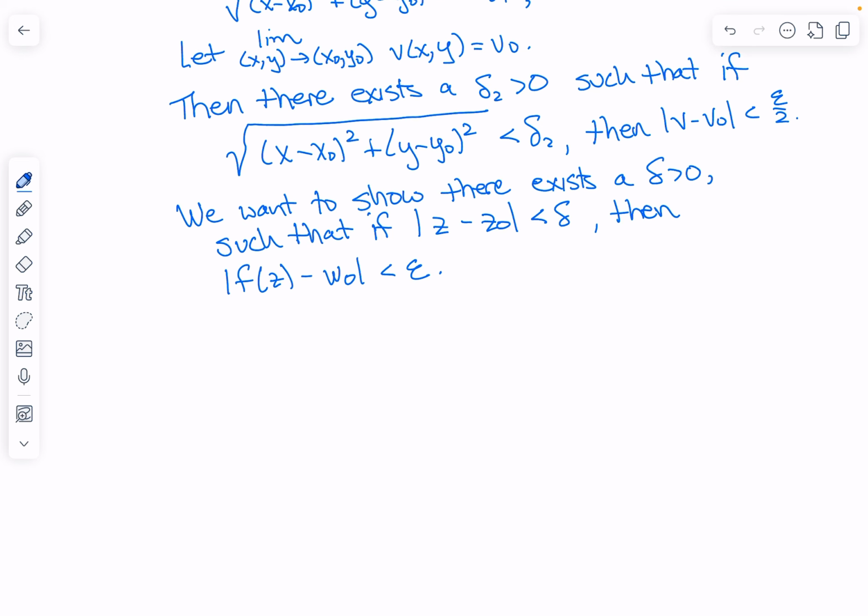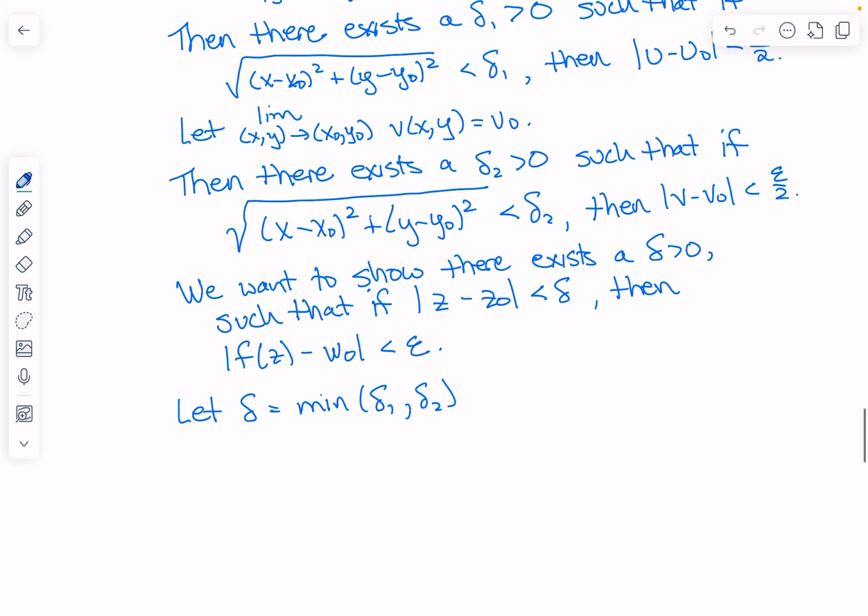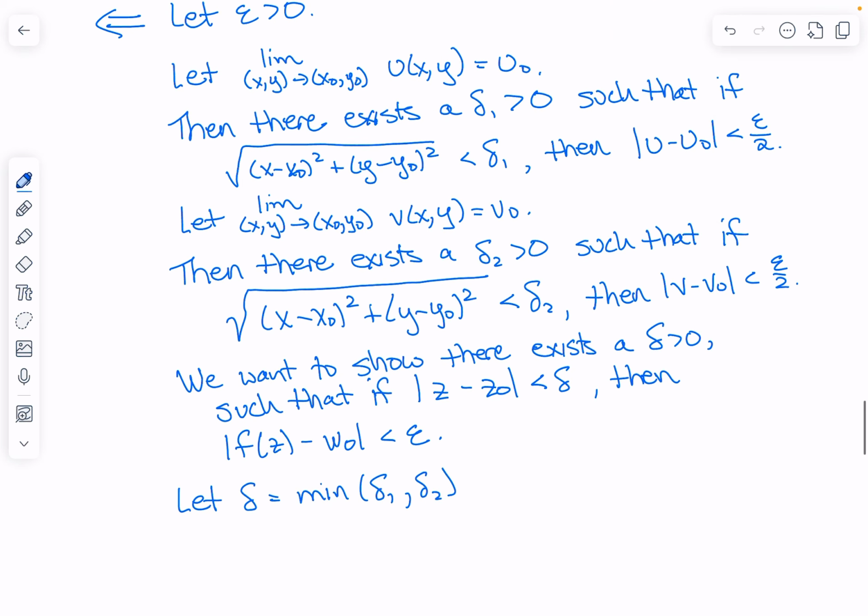Well, the way I'm going to do this is that I'm going to choose my delta to be the minimum of delta 1 and delta 2. That way, I'm in the situation where if x and y are close to x0 and y0, then I have established that u minus u0 is less than epsilon over 2, and v minus v0 is less than epsilon over 2.